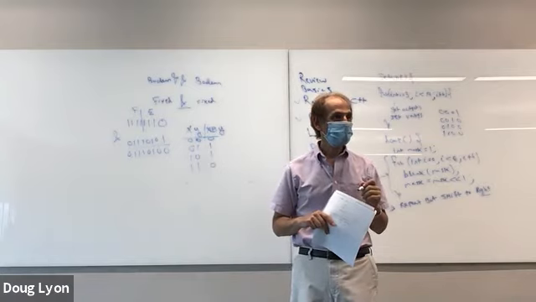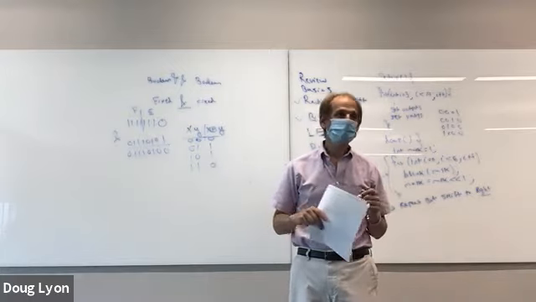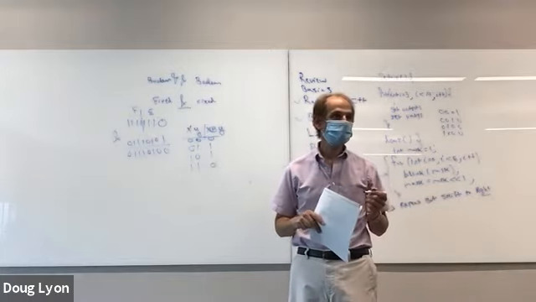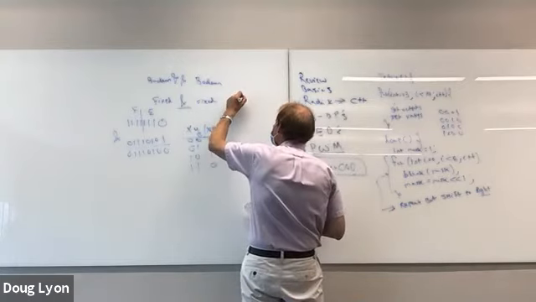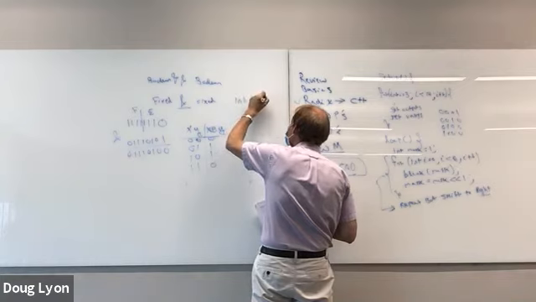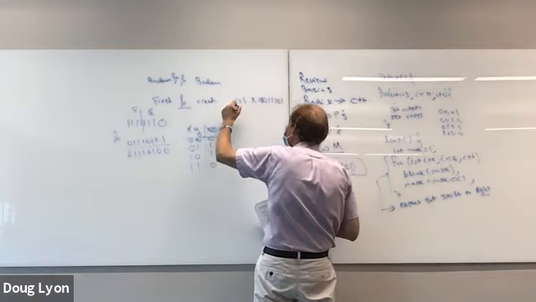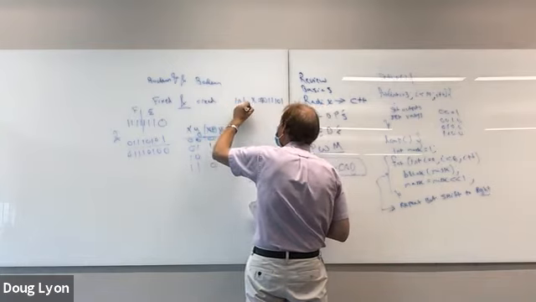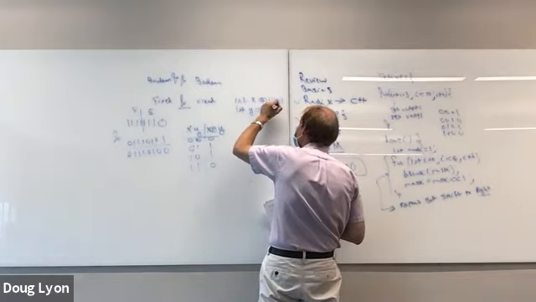How do you do that in Java or C? They're the same, actually, in this case. Let's assume for the moment I have integer x equal to binary 0, 1, 1, 1, 0, 1. Integer y equals binary 1, 0, 1, 1, 0.